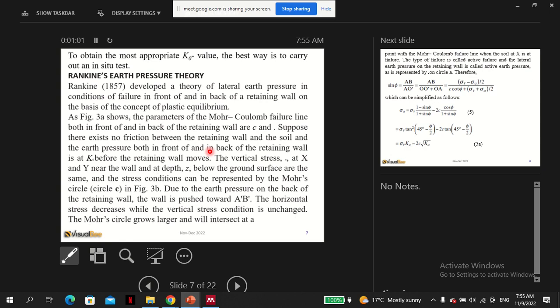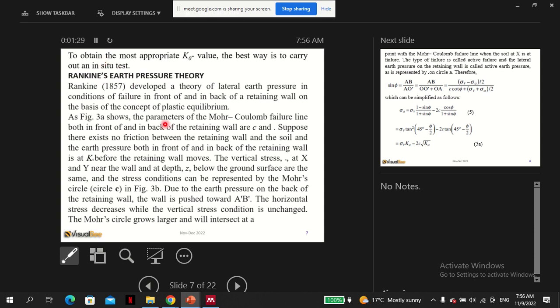So this is the basis of the theories of earth pressures. Now, the best way to deal with the issue of over-consolidated soil is just to do an in situ test, where you find the ratio.